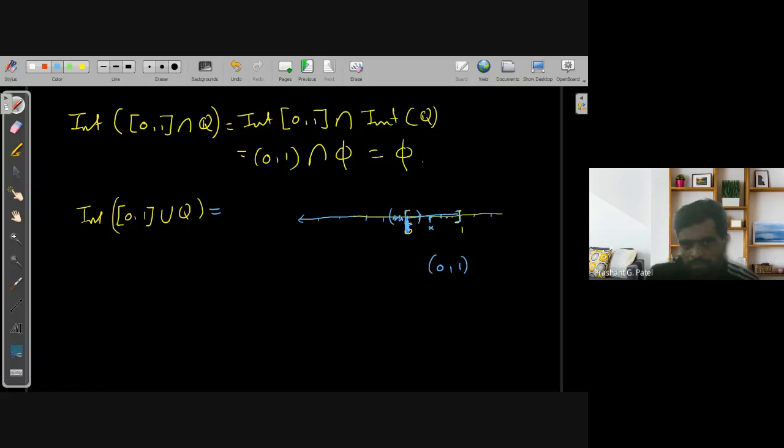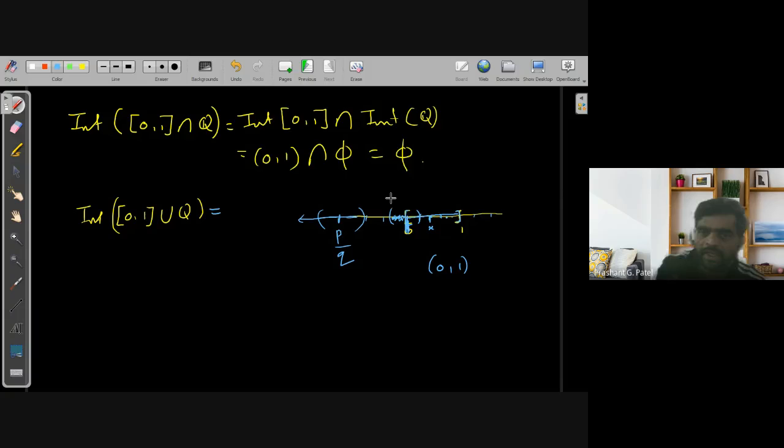So 0 is not an interior point. The same argument holds for 1. If I pick any rational number outside this interval, let's say a point p by q, and draw a neighborhood of this p by q, this neighborhood contains irrational points.